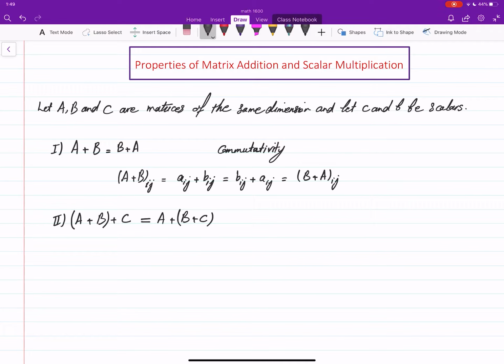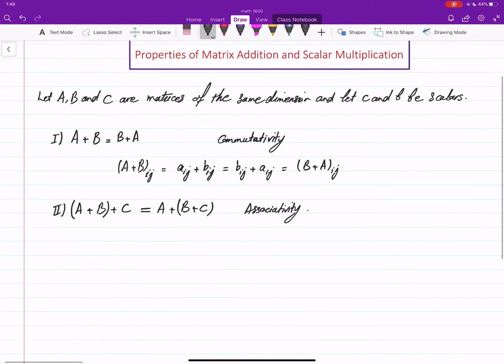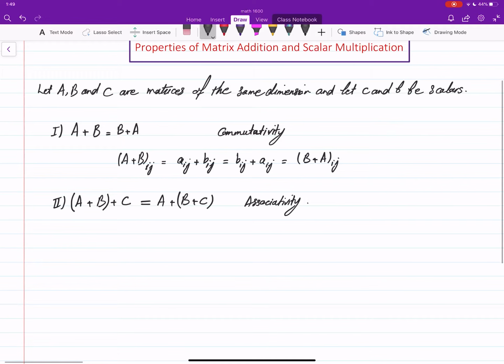These are going to be the same thing. This is called associativity. And what this has as a result is that when you have matrix addition, you don't need to be worried about the brackets. Just do it in whatever order you like, if all of them are addition.